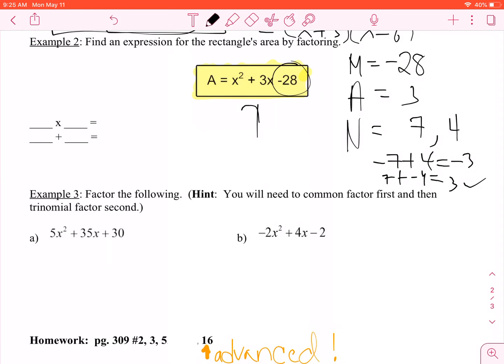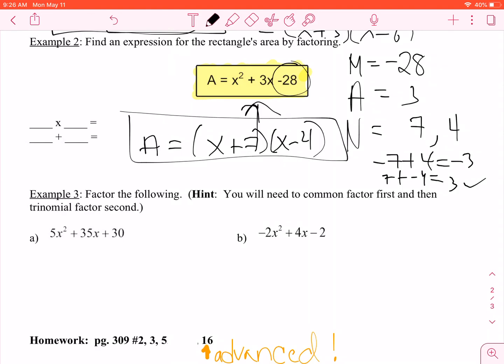Okay, so that means if I was to factor this, it would be area is equal to x plus 7, x minus 4. Now this does represent to some degree area, and we know area of any rectangle is length times width.